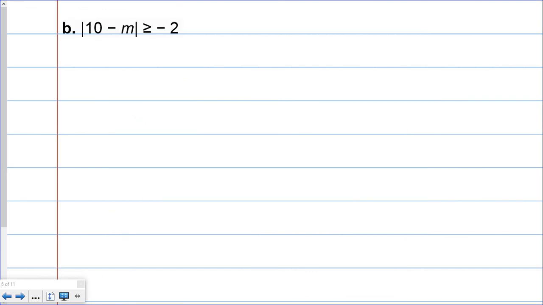All right, let's look at another one of these. I have the absolute value of 10 minus m is greater than or equal to negative 2. So, can an absolute value be greater than or equal to a negative?